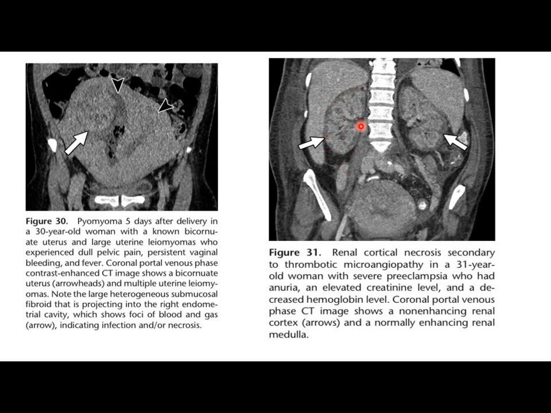How can we diagnose it? On contrast-enhanced CT, there is normally enhancing medulla while the cortex is not enhancing. In the acute stage, there is just absence of enhancement. In the chronic stage, it becomes thinning.